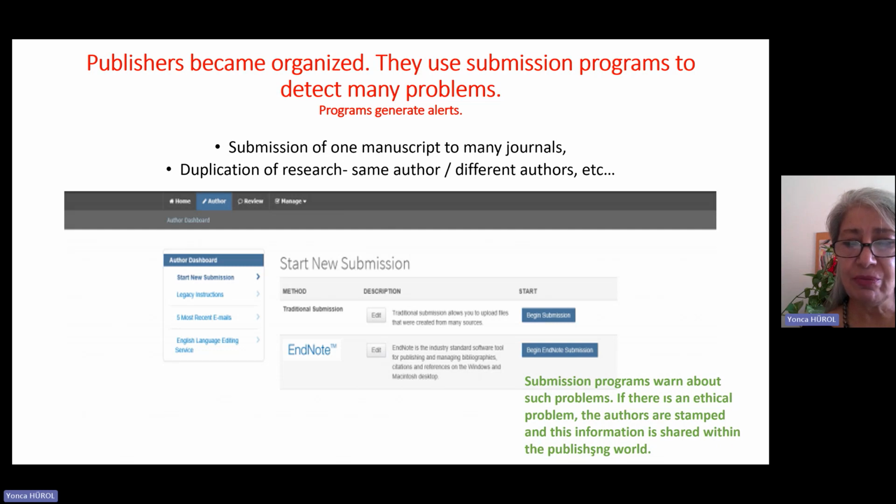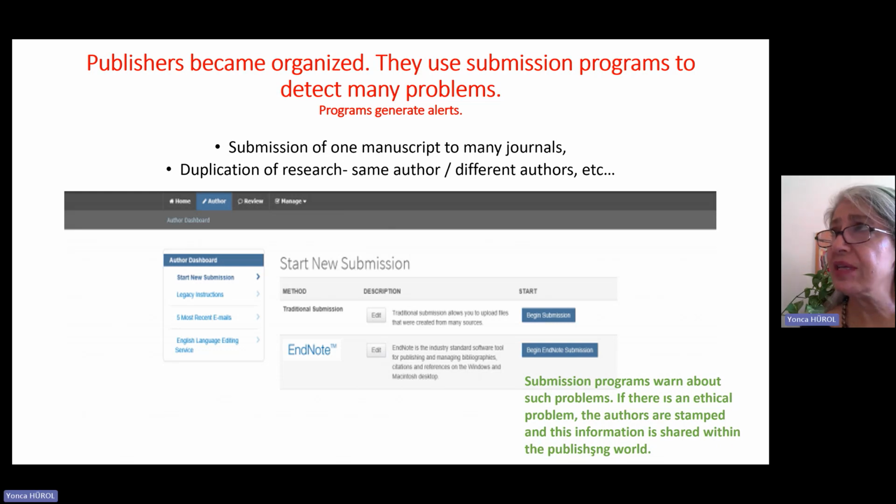For example, if you make submission to more than 1 journals, or if there is duplication of your publication, the program generates alerts.